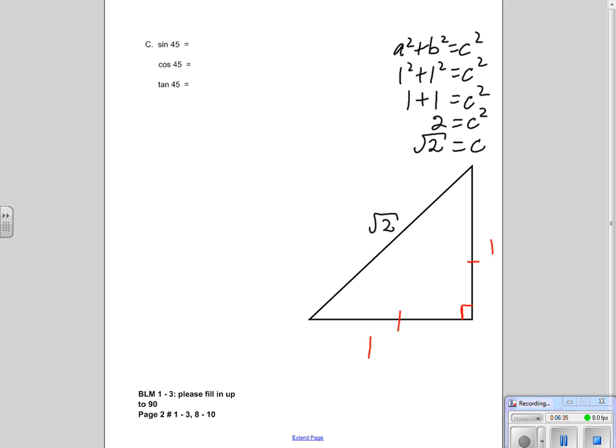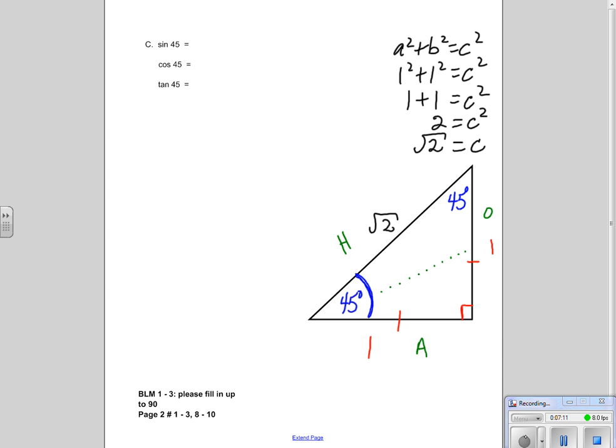Now, both of these corners, because it's an isosceles triangle, are 45 and 45. So I can choose either one that I want as my angle of reference. I like the look of this guy better. So if that's my angle of reference, I'm going to label my sides: hypotenuse, opposite, and adjacent. The hypotenuse is the easiest one to start with, the longest. Opposite is across the triangle, is 1, and coincidentally the adjacent is also 1.